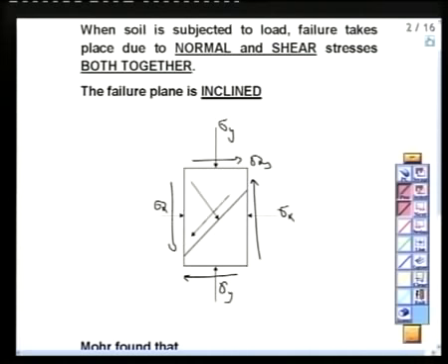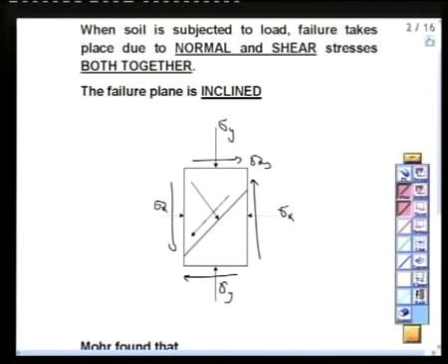You see? Now, this soil, when it is subjected to this kind of loads, at a certain time it will fail, right? If the stress exceeds the bearing capacity, the soil will fail. We will have a failure.